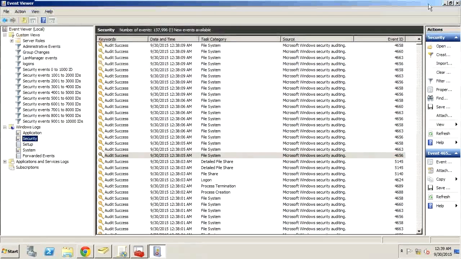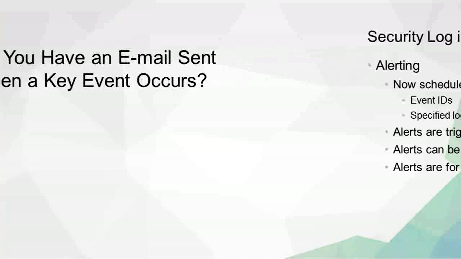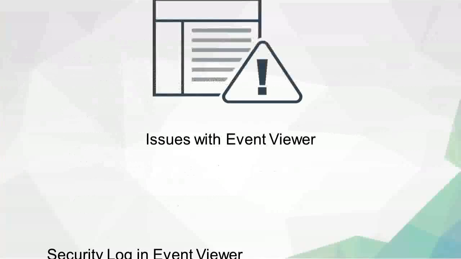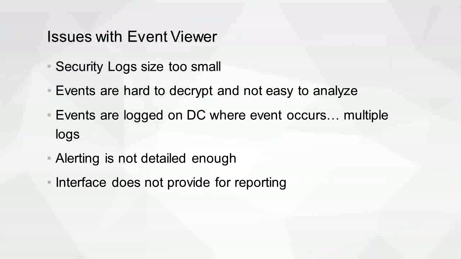So as you can see, even though Microsoft's event viewer has been updated, we have some significant issues with the event viewer. The security logs are just too small. The events are hard to decrypt, and they're hard to analyze. Because of the way Microsoft logs changes, we can't really just look at the information and understand what's going on.